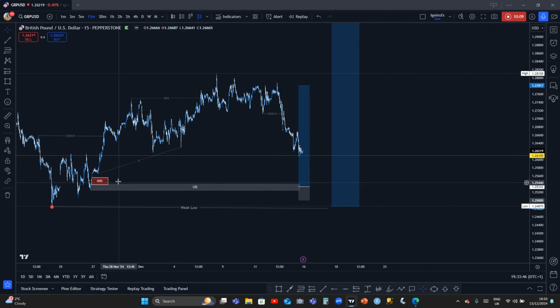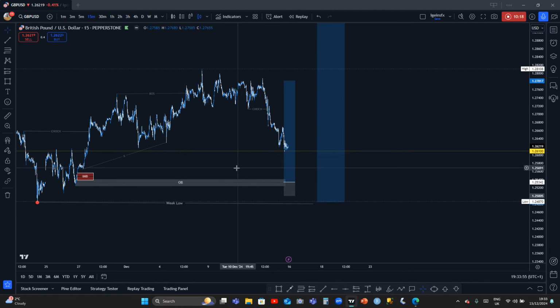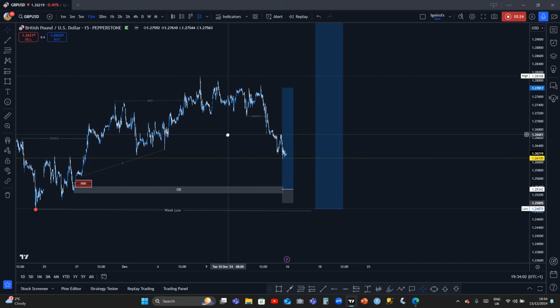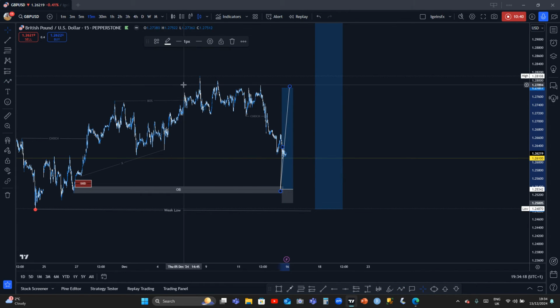Now, because I have already set my traps, put my pending buy limit order here, once price gets to this place, I am expecting price to tap into this place, react, and dish out a buy.